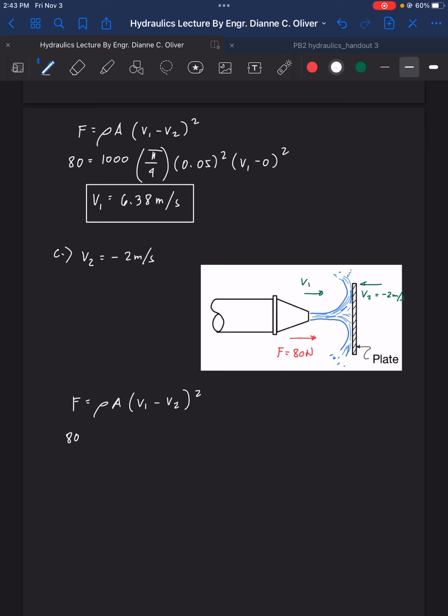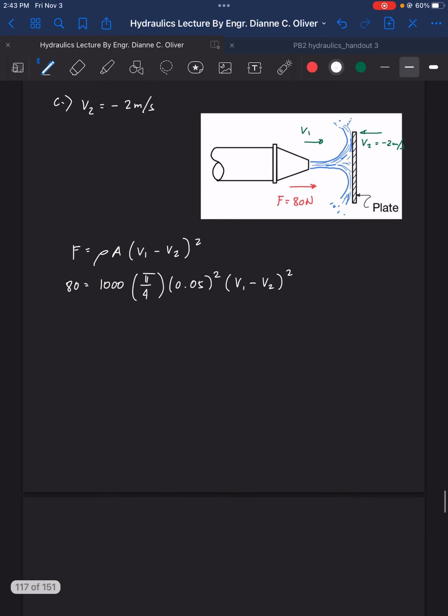So 80 equals 1000 π over 4 times 0.05 squared, (V1 − V2) squared. Our V2, by the way, is negative. So that means V1 minus negative 2, squared.